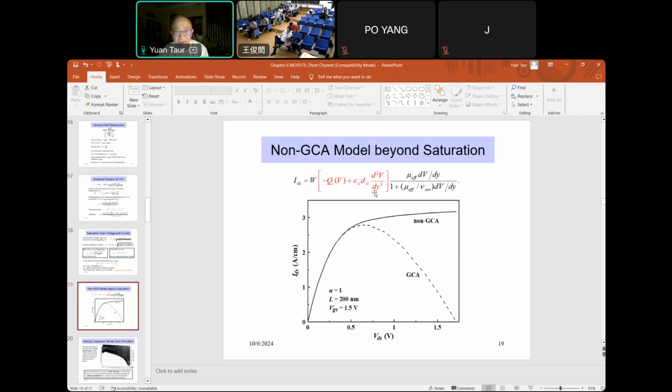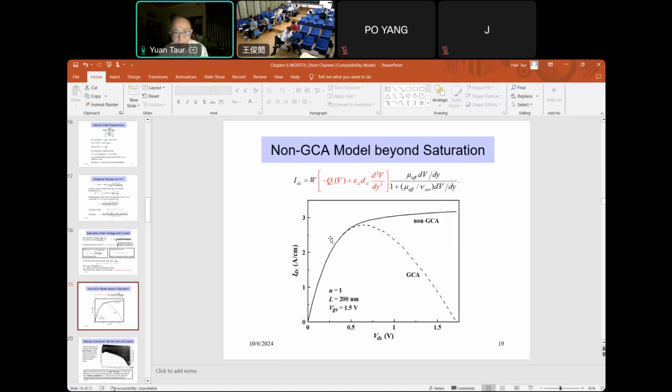GCA is without this second term in the inversion charge. For non-GCA, the first term is the gate-induced inversion charge, but we add a second term due to the y curvature, multiplied by the n equal to 1 velocity field relationship here. And the solution is shown here. Without this term, the GCA is this dashed line.